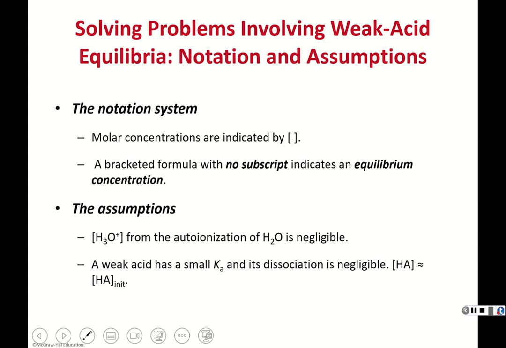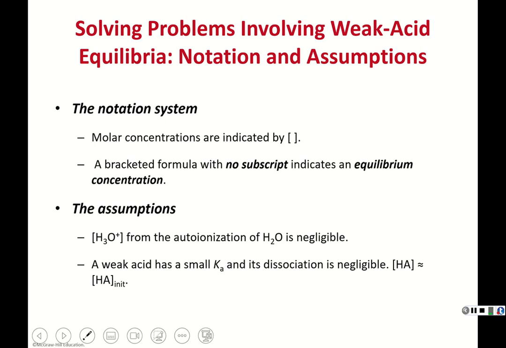A weak acid has a small Ka value, and its dissociation is negligible. So we can assume that the HA, the weak acid concentration at equilibrium, doesn't really change very much, and just use the initial concentration that we're given.